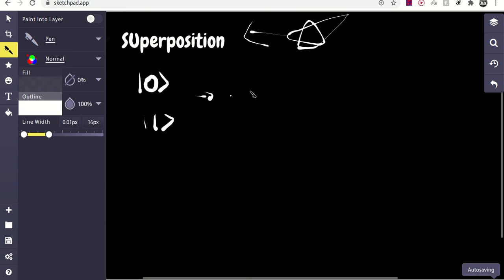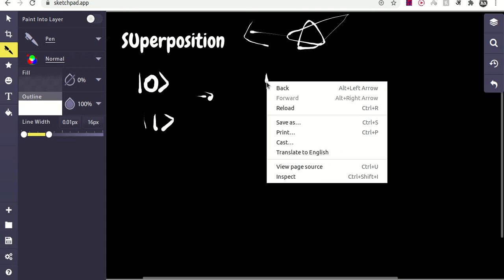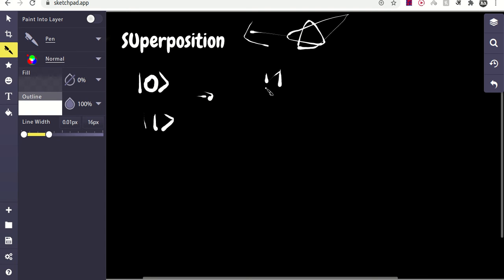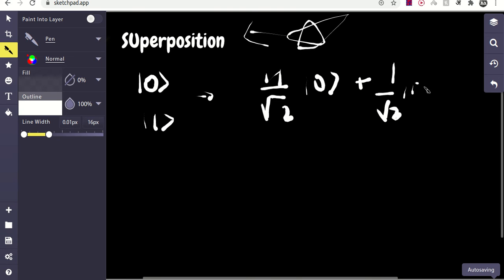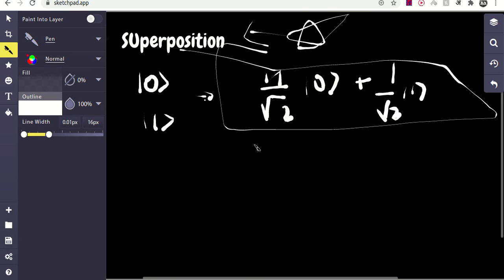But we can also say that there's a 50% chance, mind the words I am using, there's a 50% chance that I am in state 0, and there's a 50% chance that I am in state 1. This is superposition.